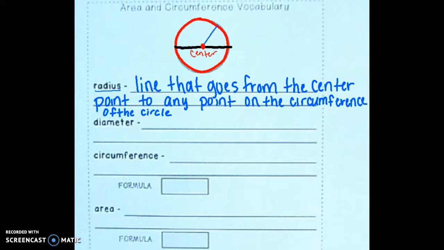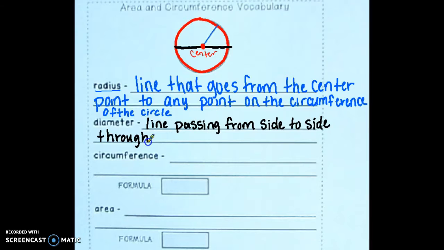That is the radius. The diameter is the line, this is what I outlined in black, the line passing from side to side through the center of a circle. So the radius is from the center to the outside of the circle.